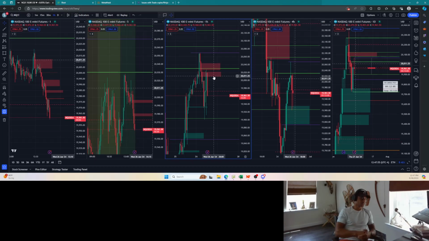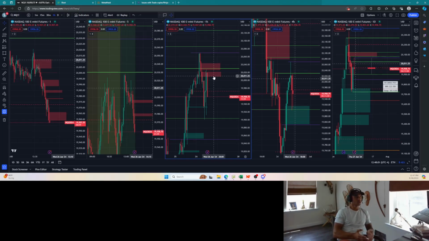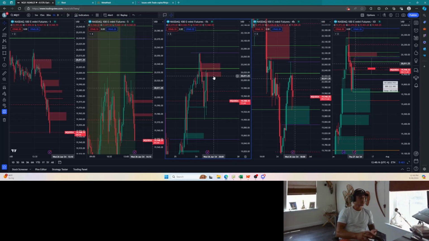Sometimes I'm not willing to give back 10 grand, I'm willing to give back X. Then I will go to micros, like 10 or 15 micros, instead of my normal size, which is 2 to 5 minis. If I don't want to give much back to try this trade, then I'm gonna size down.